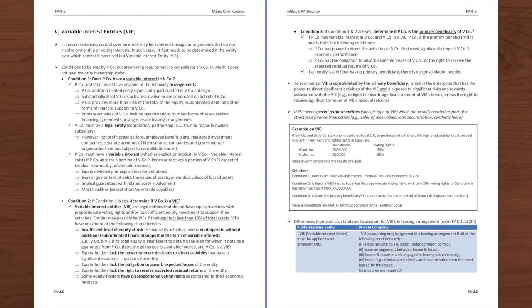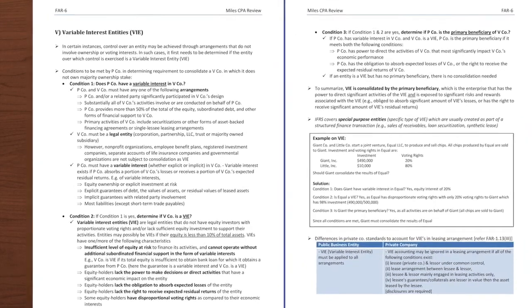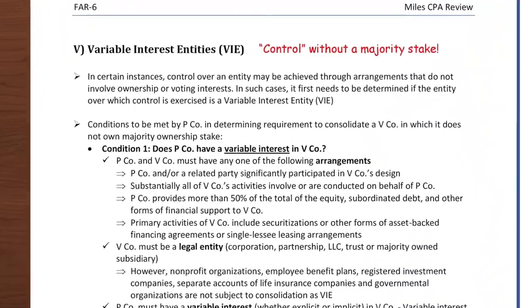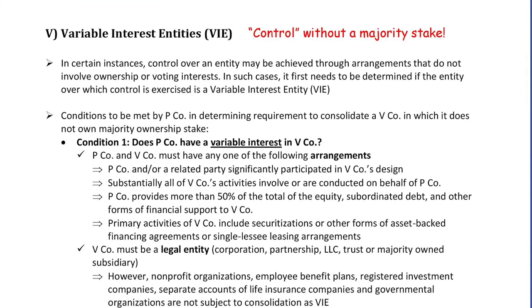We're looking at variable interest entities on page 22. So right there, control without a majority stake. We're looking at conditions which are to be met by the P company in determining requirement to consolidate a V company in which it does not own a majority ownership stake.